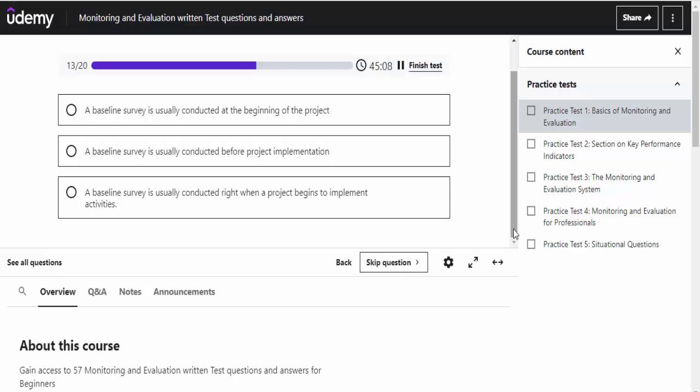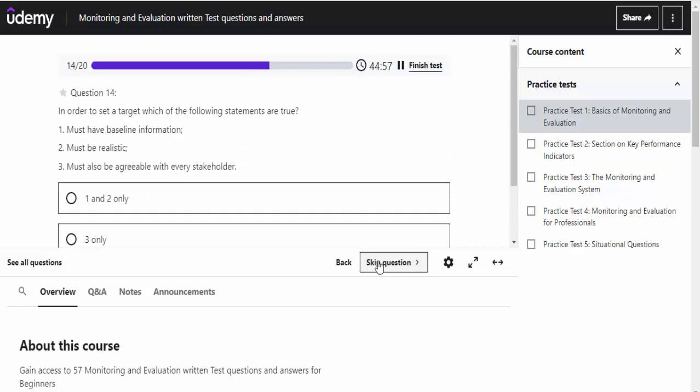But I think a baseline survey is usually right when a project begins to implement. I would go for B. But I'm telling you, don't be surprised if I get it wrong, even when I set this paper.